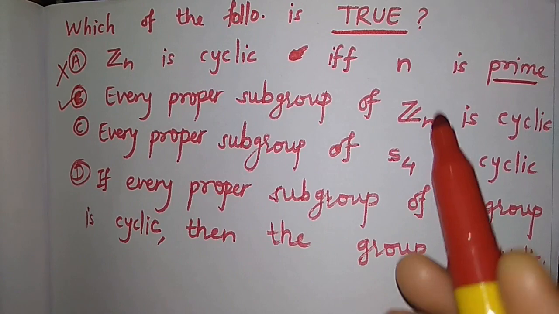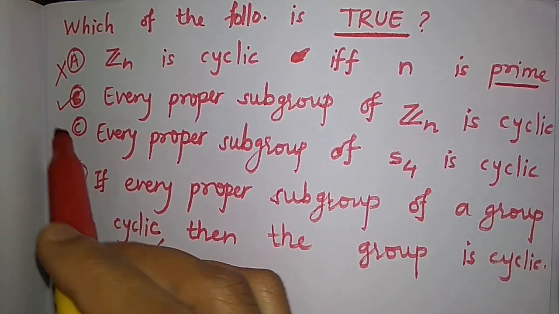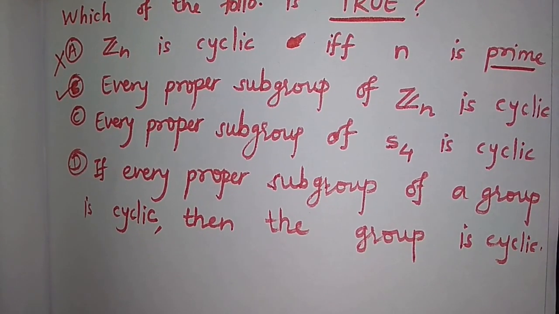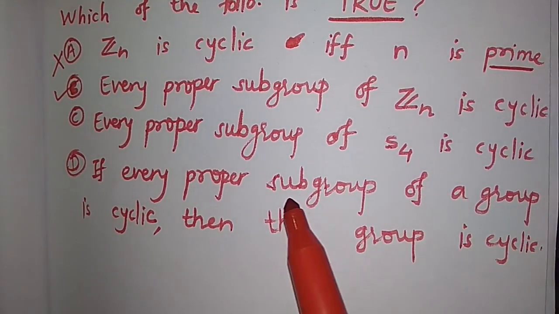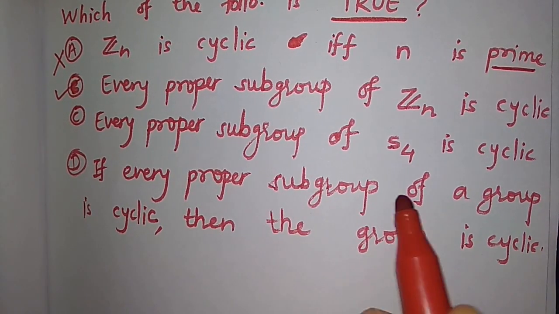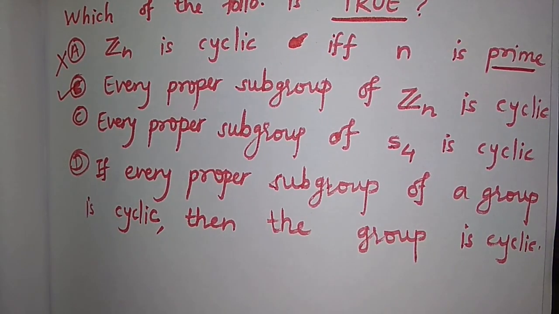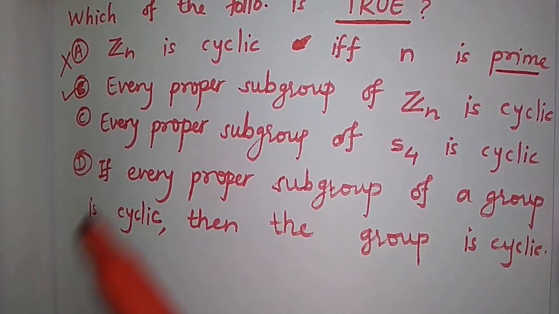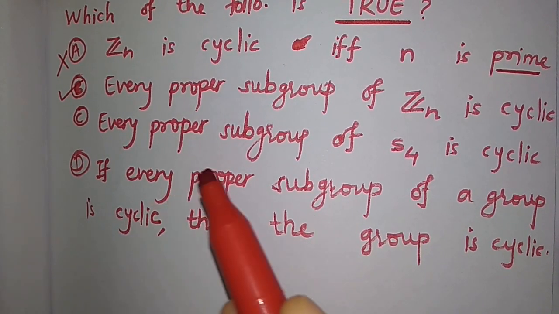The answer here is B, but we will go for C, whether C is correct or D is correct, because if this question is asked in section C or B, then we will have to choose all the correct options.